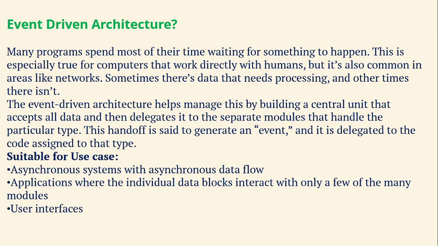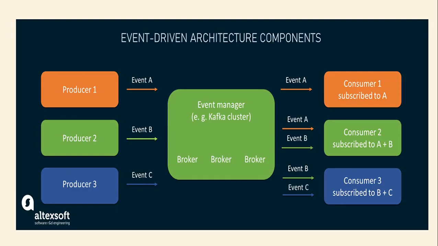Some suitable use cases for event-driven architecture include asynchronous systems with asynchronous data flow, applications where individual data blocks interact with only a few of the many modules, and third, user interface interaction with the backend. In this diagram you can see the event-driven architecture, where on the left-hand side we have the producers, which produce events on different use cases, and on the right-hand side we have the consumers, which consume those events.